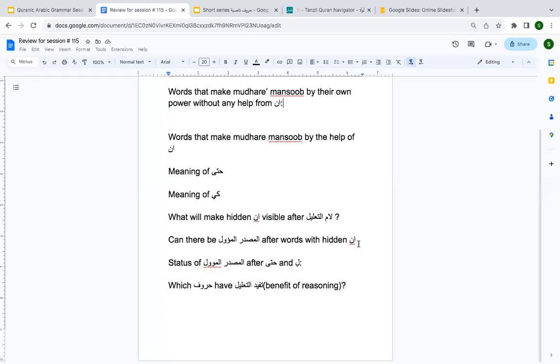We started to label it accordingly because now we have learned about al masdarul muawwal, so we know how to label and put i'rab on stuff, right? So status of al masdarul muawwal after hatta and li is going to be fi mahalli jar. Barakallahu feek, dear sister.